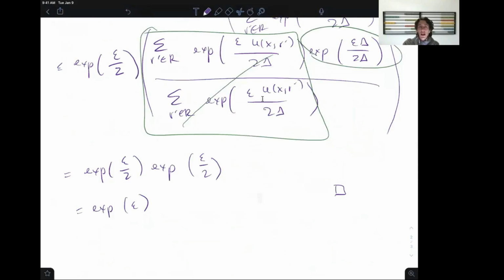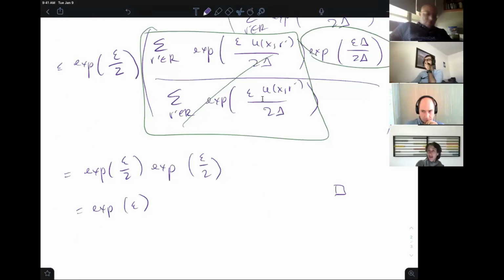And given the time, I think I'm not going to pull us through the proof of accuracy, which I know is not very satisfying, but it leverages exactly the intuition that I was talking about before, that the level of accuracy that you're going to be able to get is going to depend, in some sense, on how many good outcomes there are versus on how many outcomes there are in total. And that's going to affect what type of guarantee that you can get.